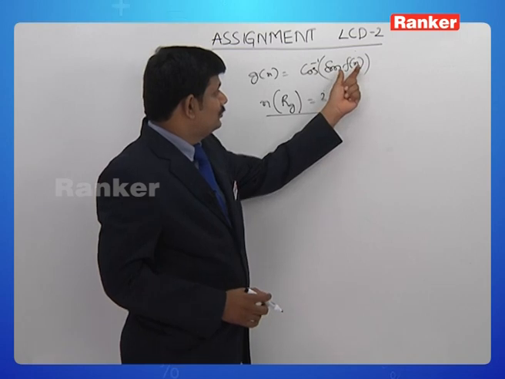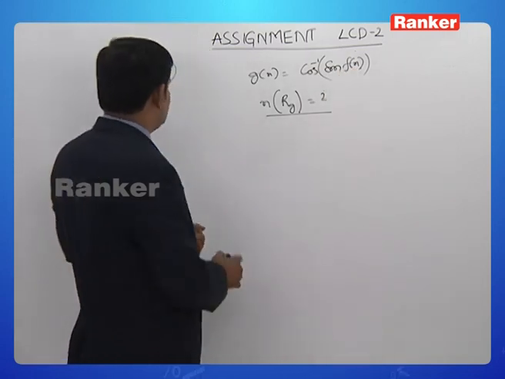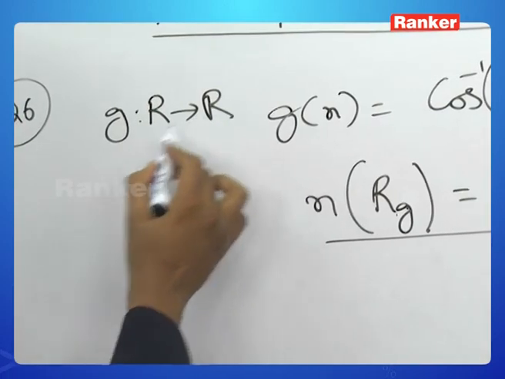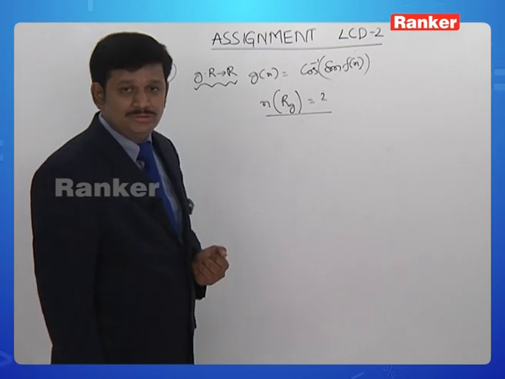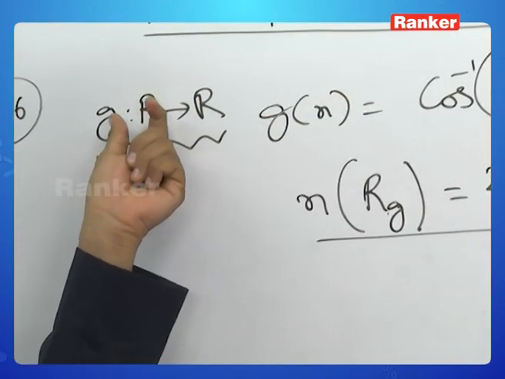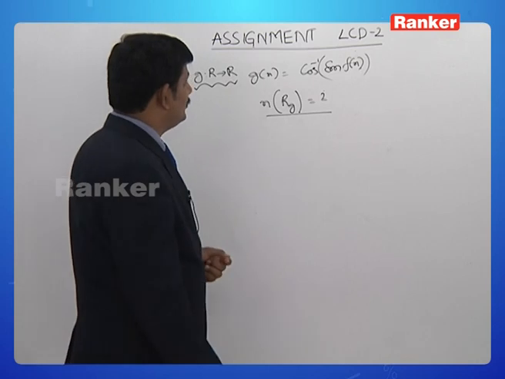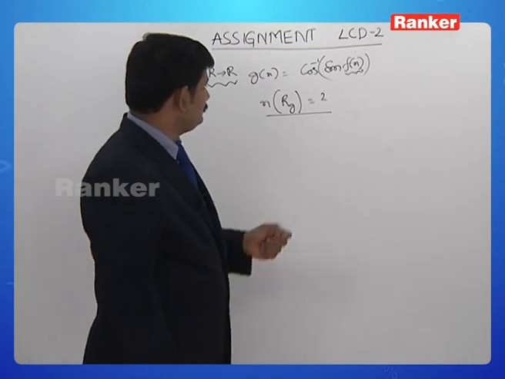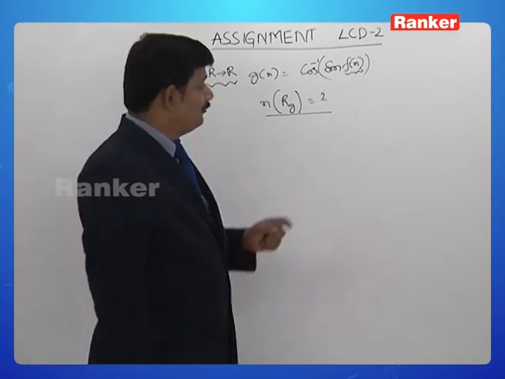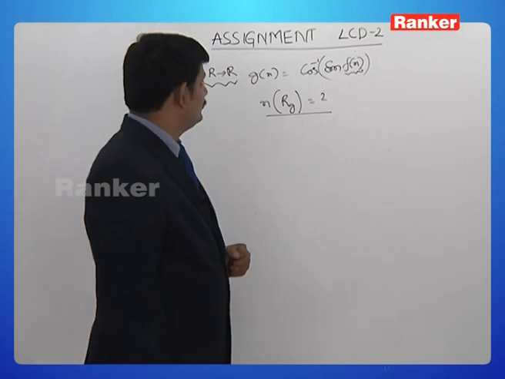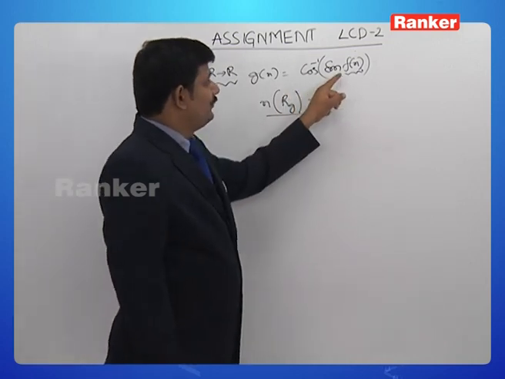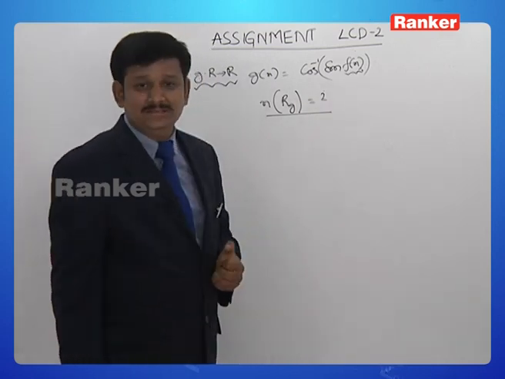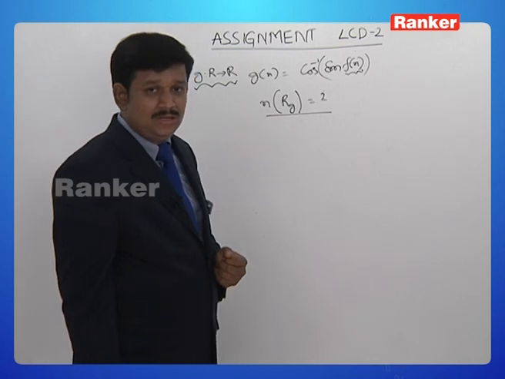So, let us assume f of x to be a continuous function, and also it is given that g maps R to R. The domain of this function is R. So, f of x should be defined on R. And moreover, cos inverse of sine of f of x should have only two elements in the range set.